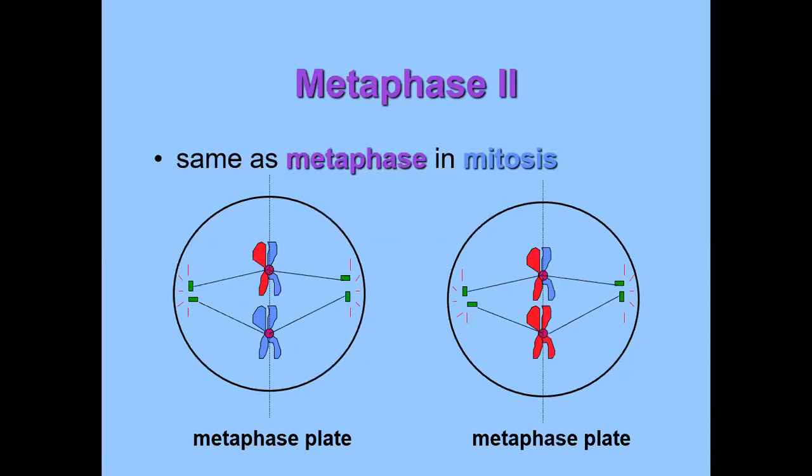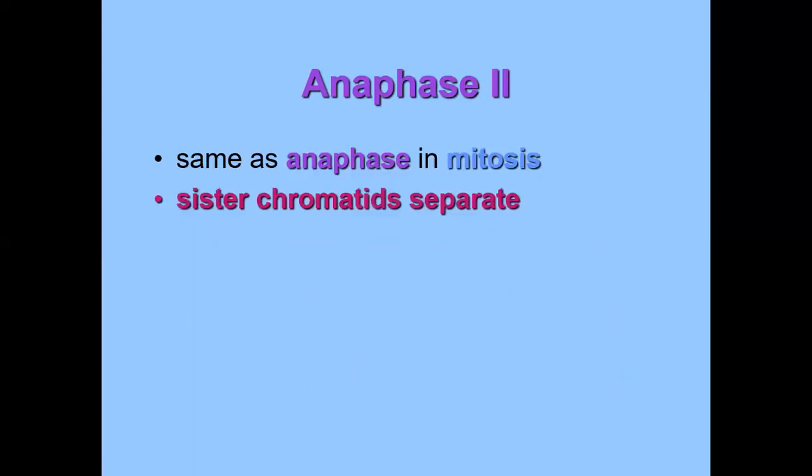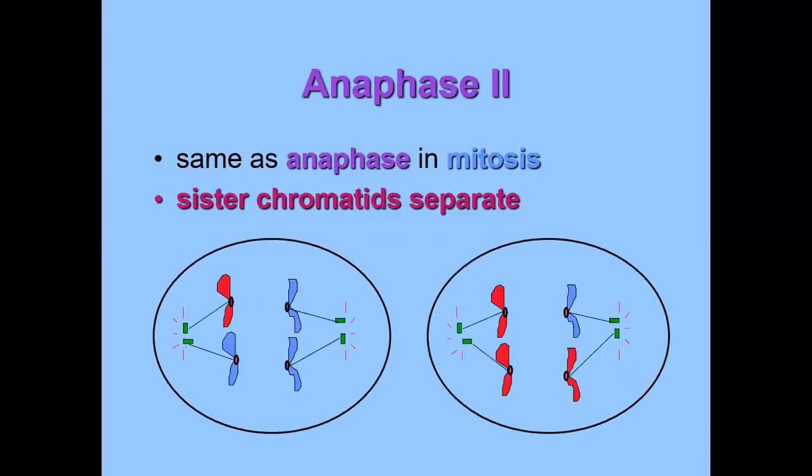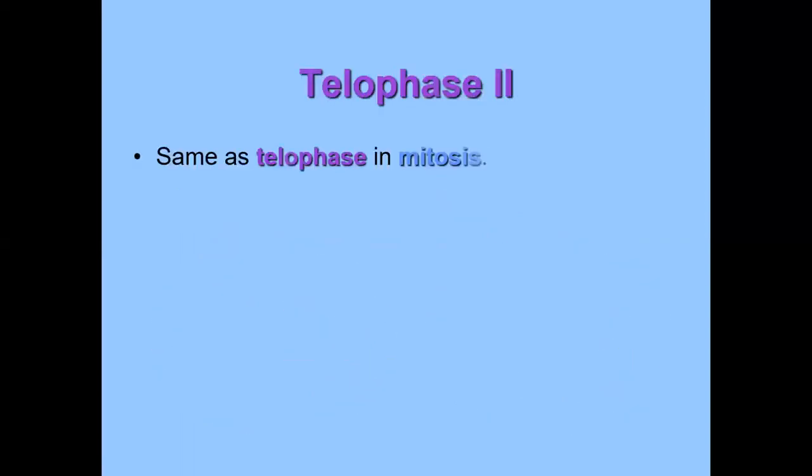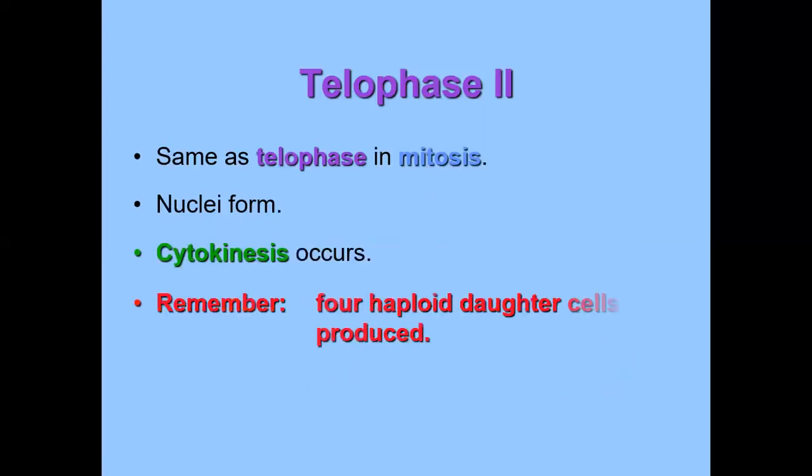In metaphase 2, the chromosomes are aligned at the equator, and in anaphase 2, the chromatids start moving towards the opposite poles. In telophase 2, the nuclei form again, cytokinesis occurs, and 4 haploid daughter cells are formed, each having half the number of chromosomes.